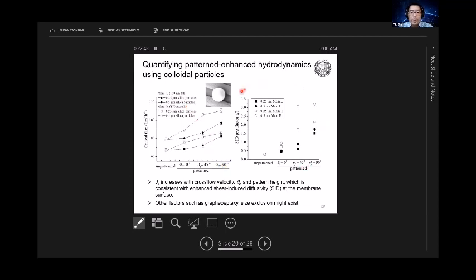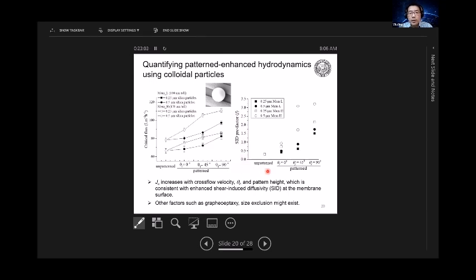You can analyze the critical flux based on the shear-induced diffusion, and then back out the shear-induced diffusivity prefactor, right? So the larger this value, the more enhanced shear diffusion or back diffusion introduced by the pattern. That's the key message.